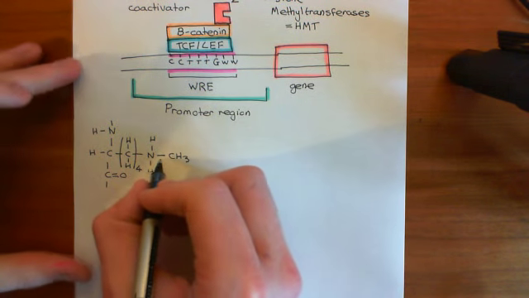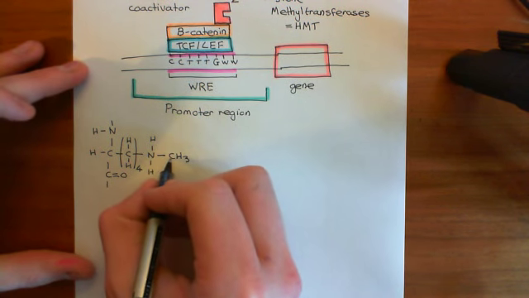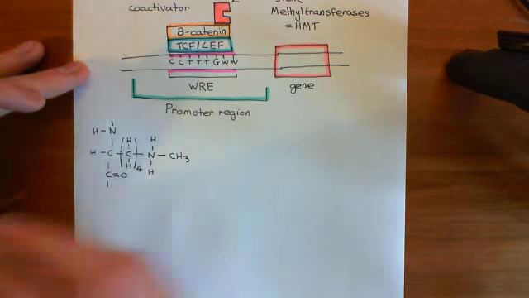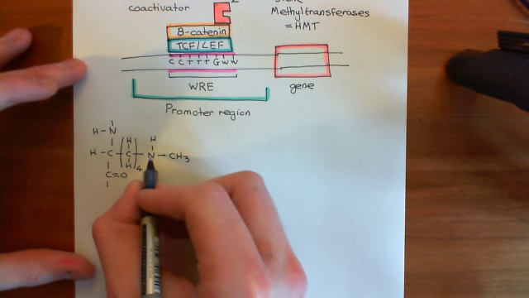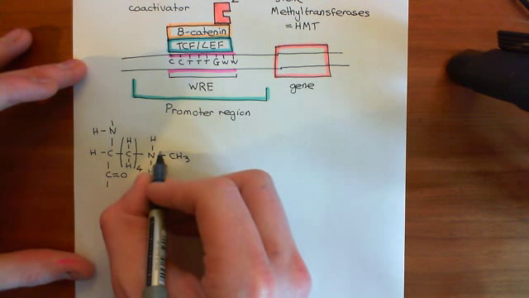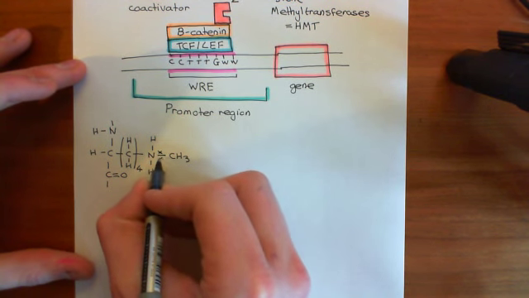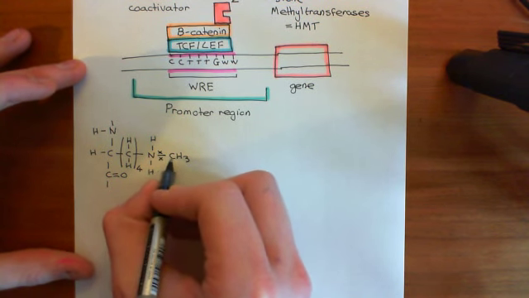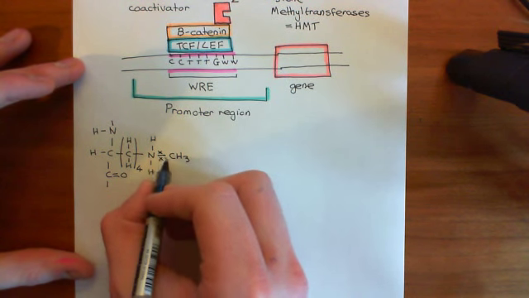So when you make this 4th bond between the nitrogen and the methyl group, what's actually going to happen is the nitrogen is going to put both electrons into this covalent bond. So both of the electrons in this covalent bond will come from the nitrogen. It will put its lone pair of electrons into this bond.